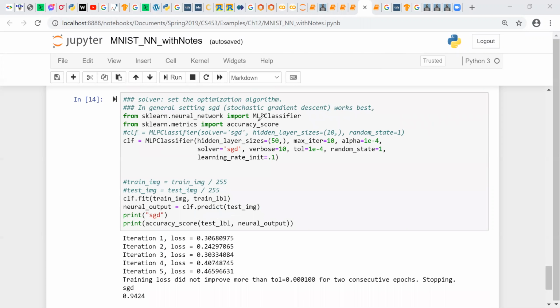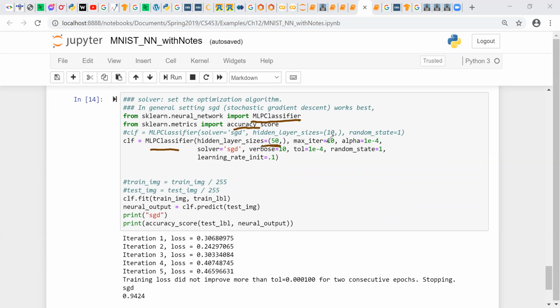Next, over here, same thing, we import the machine learning MLP, a neural network model, a multi-layer perceptron. We also use accuracy score. For this neural network, we just have a single hidden layer, and the number of neurons is 50.